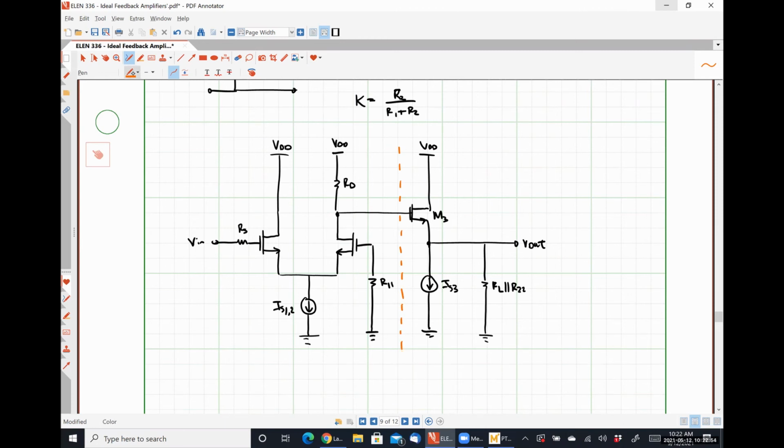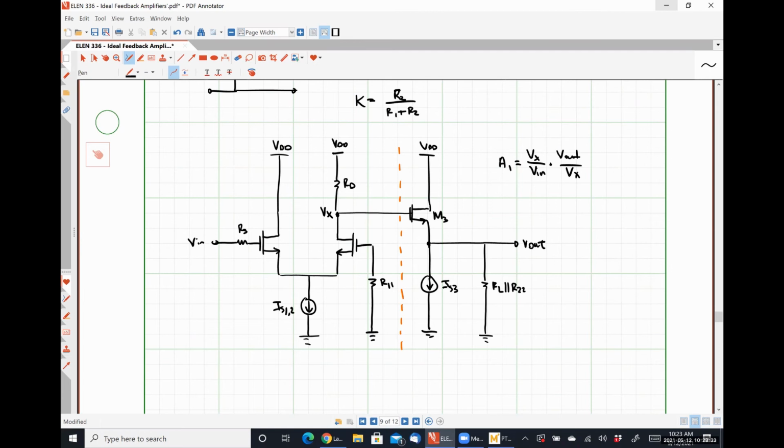So I'm going to say this is my voltage Vx, and overall we are going to have Vx over Vin representing the transfer function of the first stage, and then Vout over Vx, which is the transfer function of the second stage. And we multiply those two gain stages together, giving us the overall open loop gain of our system. Everybody on board with that approach? Doing it all in one go is terrifying. I tried it multiple times.